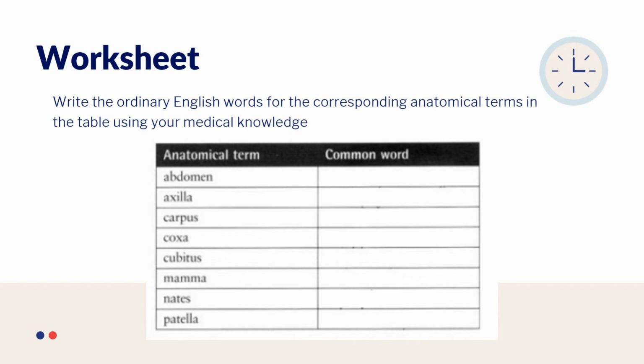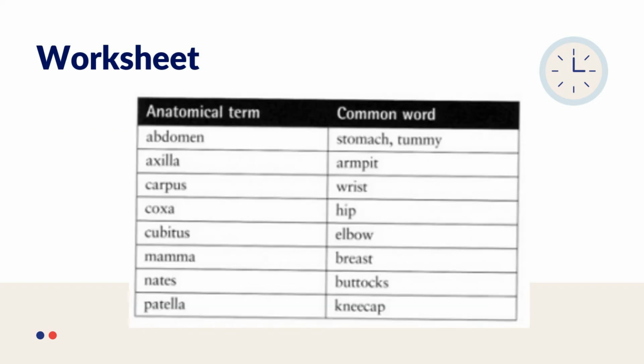Now let's check your answers. I'll read the answers for you to check if you did it right. Stomach, or tummy, or belly. Armpit, wrist, hip, elbow, breast, buttock, kneecap.